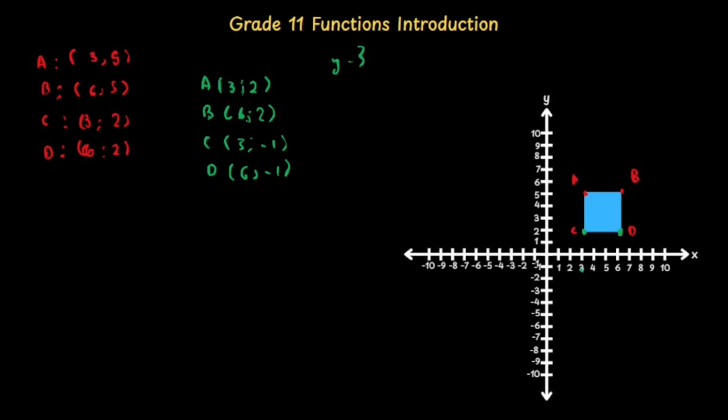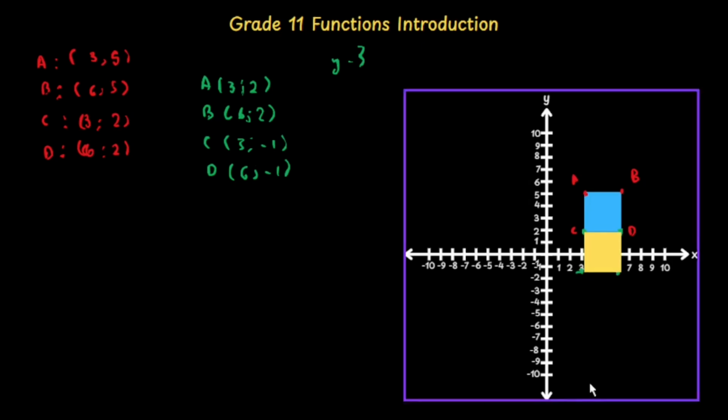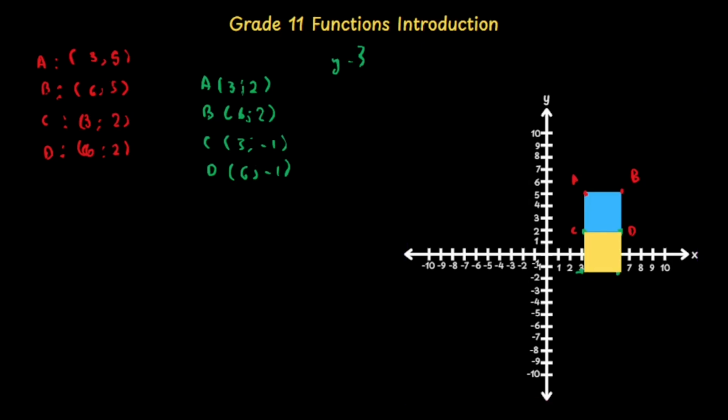And D would be at an x value of 6 and a y value of negative 1. And that is how I would shift this square downwards by 3 units. I manipulated its y value, because the corresponding axis to a vertical shift is your y-axis.